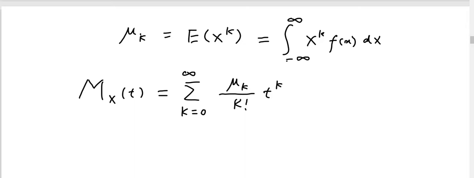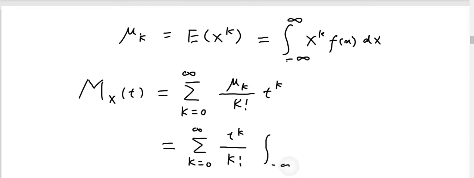Then we put in mu k, which is this integration from negative infinity to positive infinity of x^k f(x) dx, divided by k factorial.